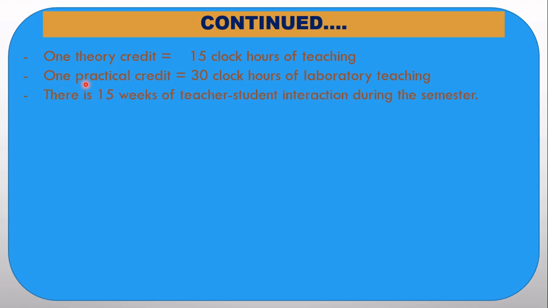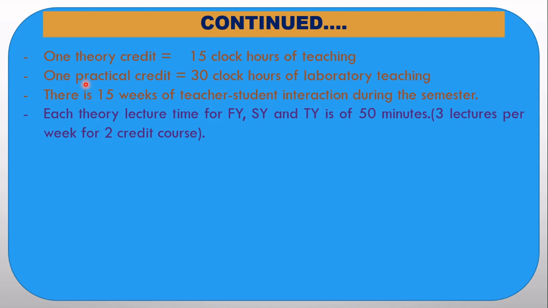There are 15 weeks of teacher-student interaction during the semester. Each theory lecture time for FY, SY, TY, means for all classes, that is first year, second year and third year, each theory lecture will be of 50 minutes and 3 lectures per week for a 2 credit course. So for each course there should be 3 lectures per week.